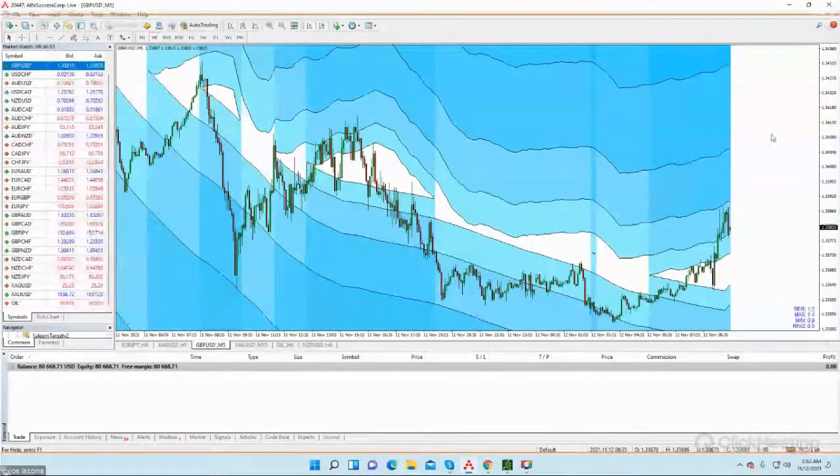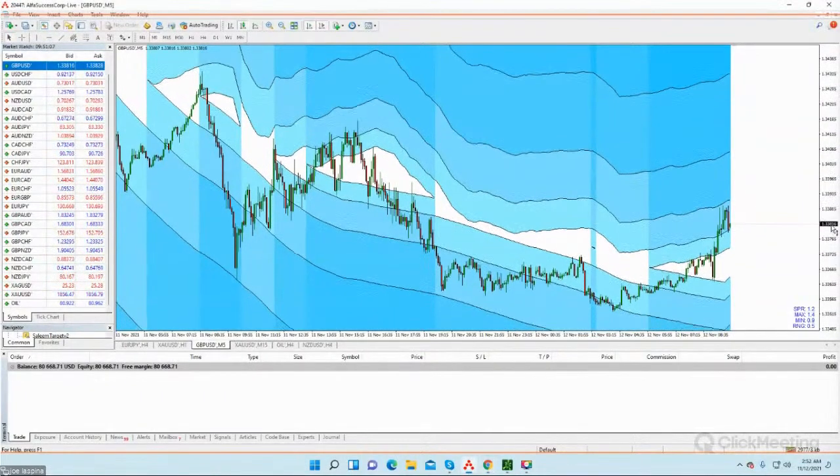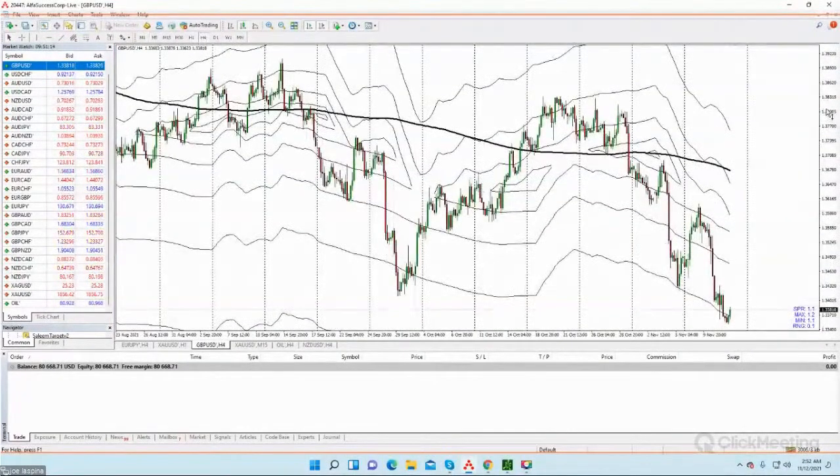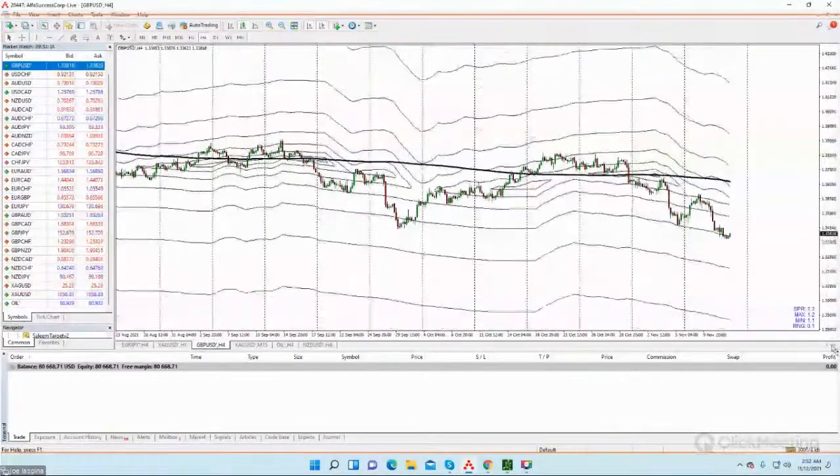So his target, if you look at the screen, is 127.50. So he's talking about, it's not 133, it's not 132. His target, 127.50.